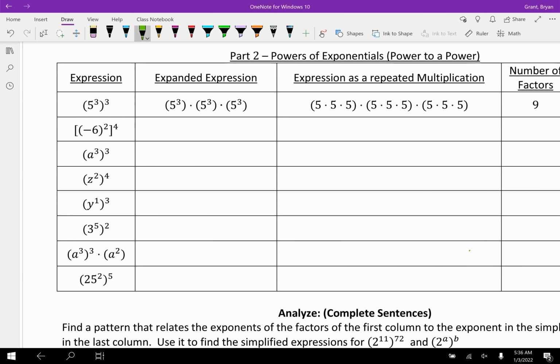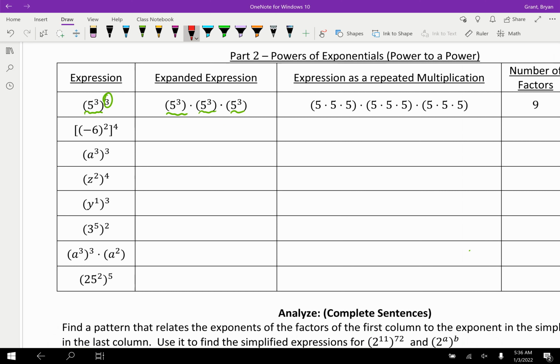So we're going to work from the outside in. We're going to start with the fact that this whole, we're going to say base in quotes, is to the 3rd power, which means we need 3 of those 5 cubed. Sometimes you'll hear the 3rd power called a cube and a 2nd power called a square. Sorry, I should have mentioned that earlier. So 3rd power cubed means 3 of those 5 cubes.